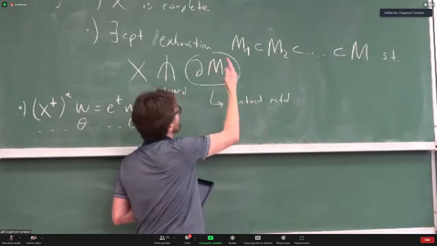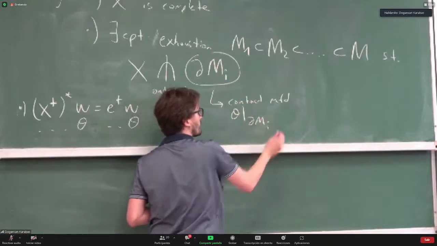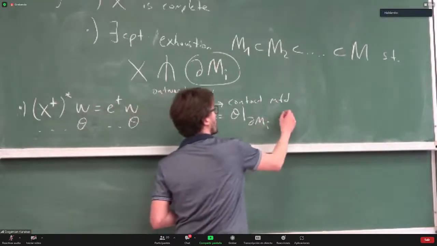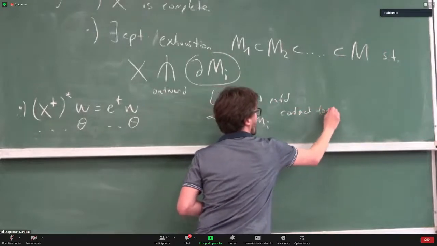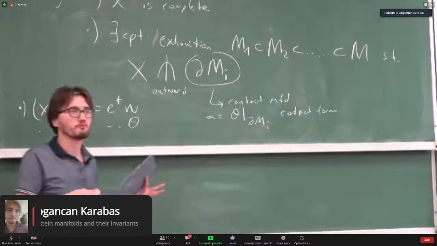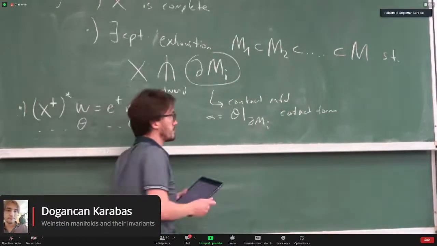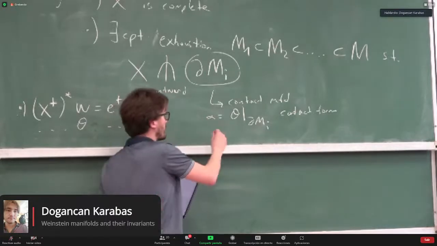So you remember we have theta, right? You can restrict this theta to this boundary. It gives you the contact form. That's called alpha. So think of a smooth manifold with this kind of form. Take this definition, then you can define a vector field called the Reeb vector field with this property.